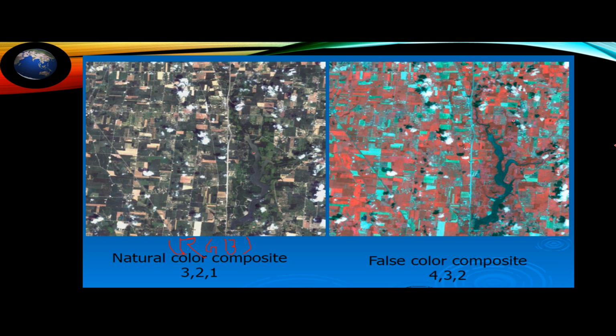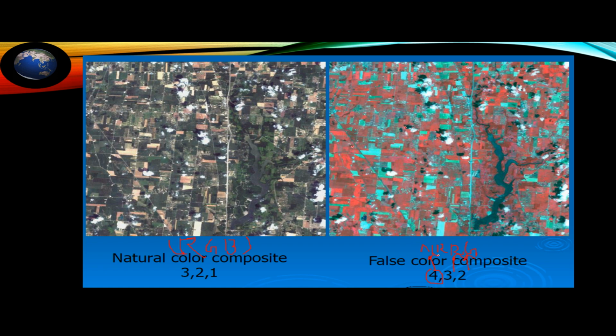In Landsat, the near infrared band is the fourth band: NIR, and the second band is the green band, the third band is the red band, the fourth band is the near infrared band.